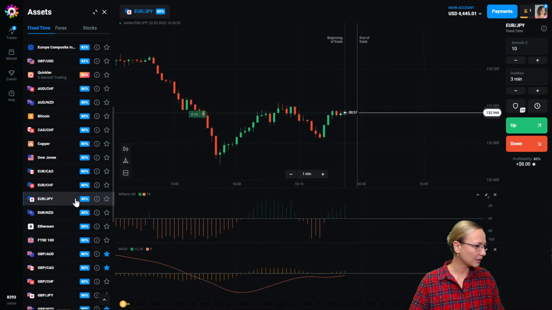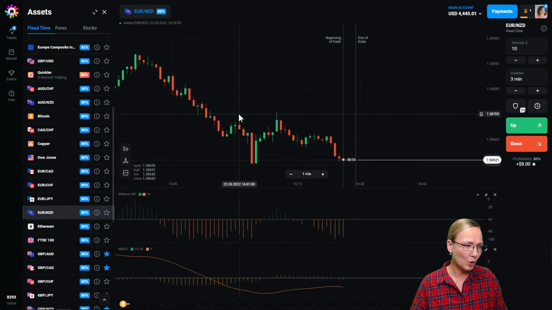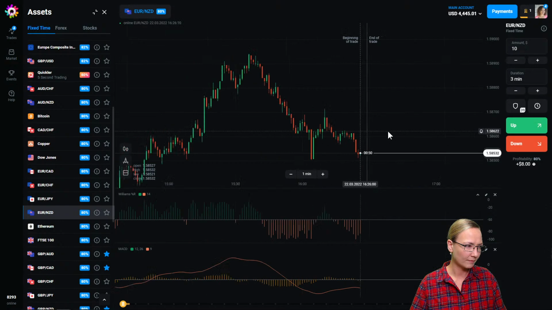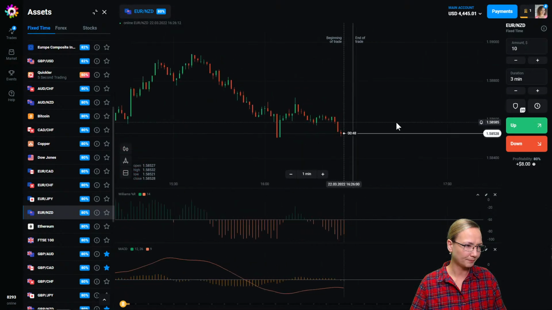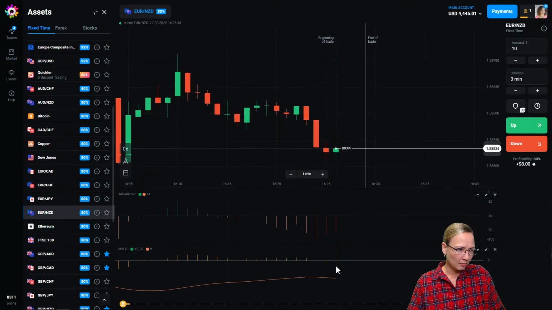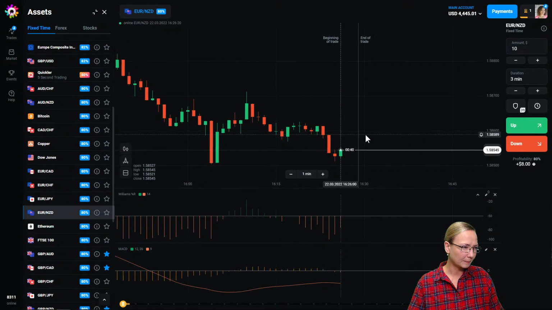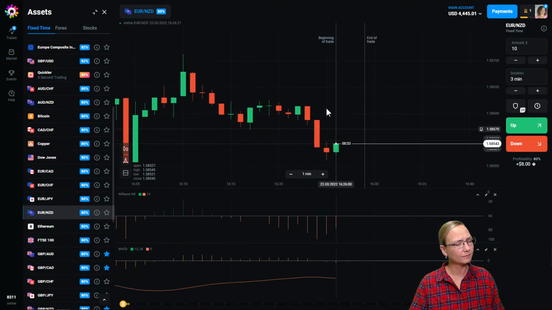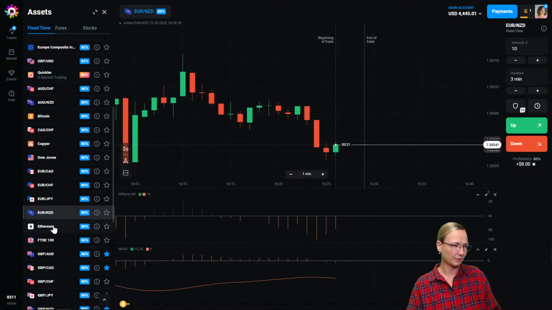Alrighty, let's see what's going on here. Euro JPY, Euro, and the New Zealand dollar. Well, we are below here. It's just very small volumes, but I'm going to leave this, I think, for the time being.